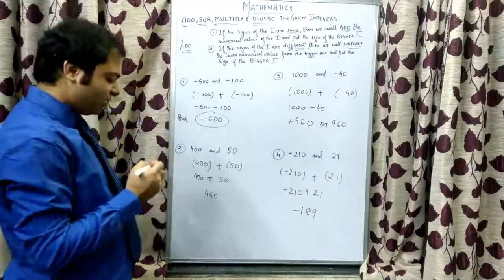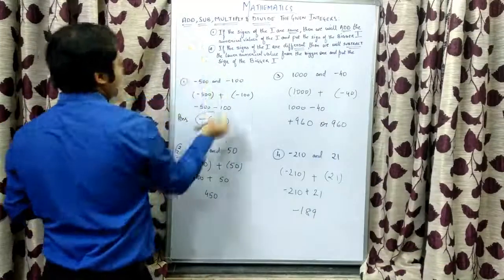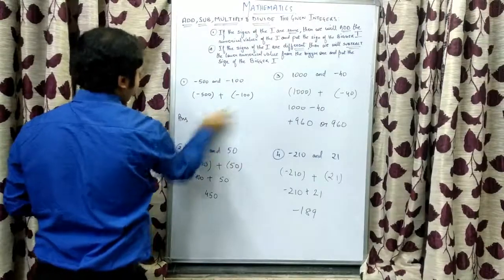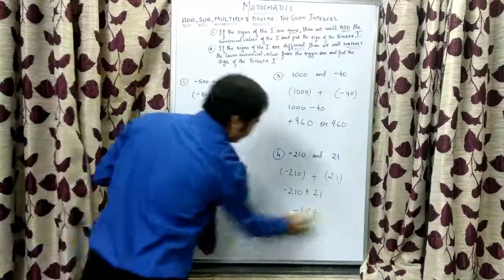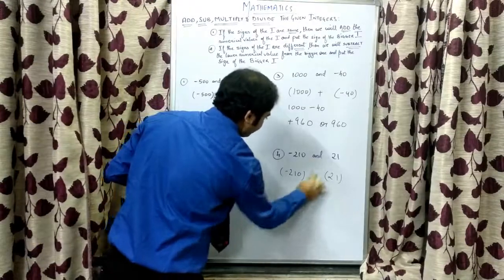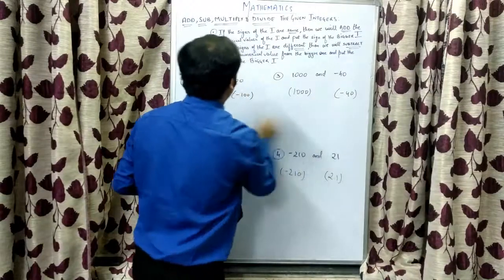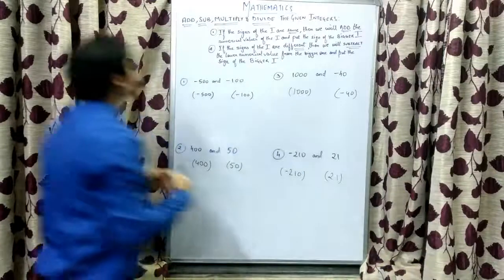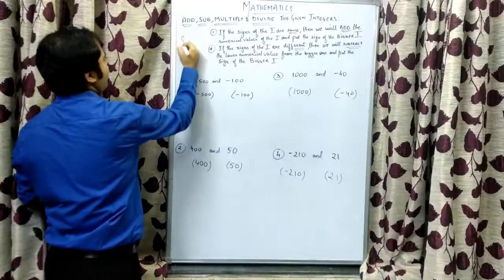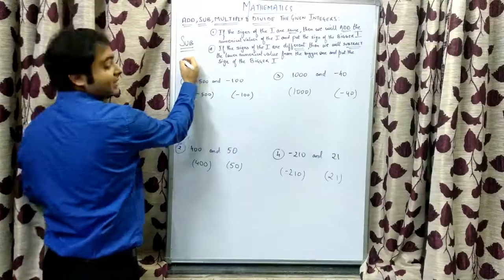This was for addition. Now let us do subtraction. Right? The same we'll be doing subtraction now and we'll see how things will work here. Subtraction, suppose there are two integers a and b.